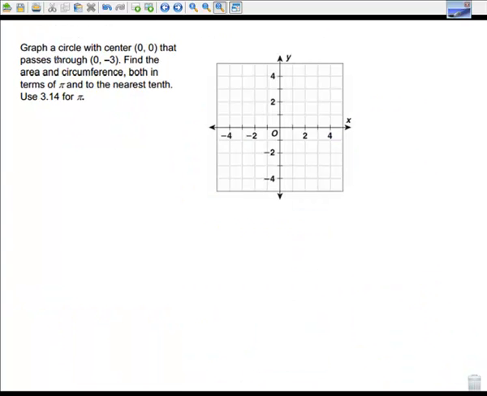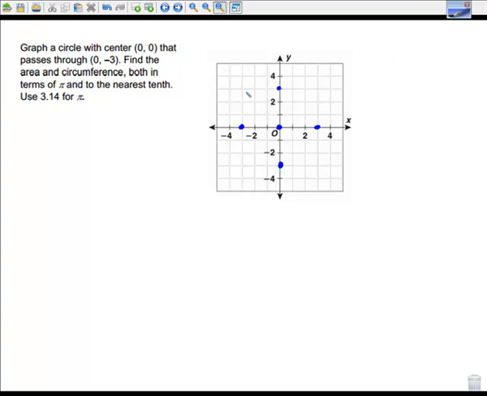Next, they're going to ask us to find the area and circumference, but they're going to actually have us graph a circle. They're telling us the center of the circle is 0, 0, and that it passes through 0, -3. So that means that my circle has a radius of 1, 2, 3. So if I graph this, that means from the center, 1, 2, 3, I go out in all directions.